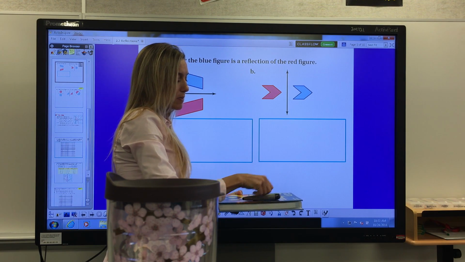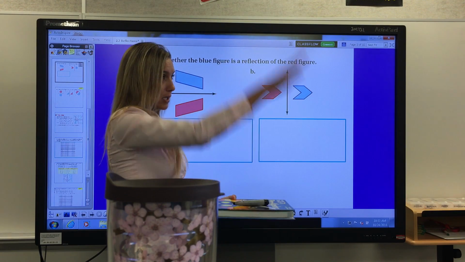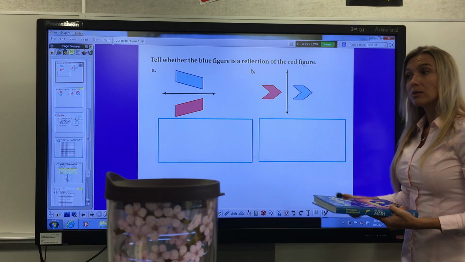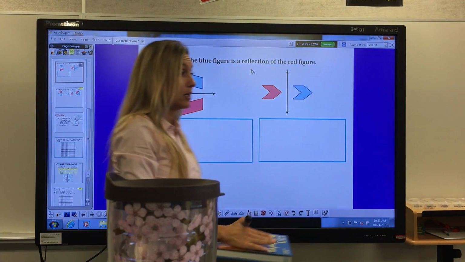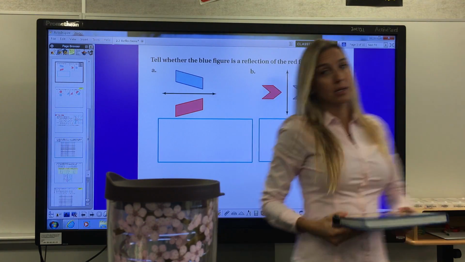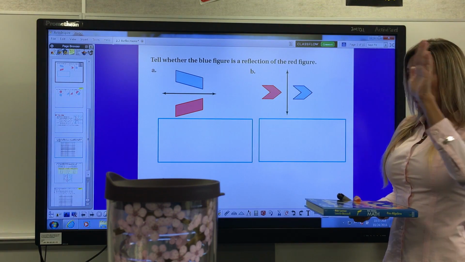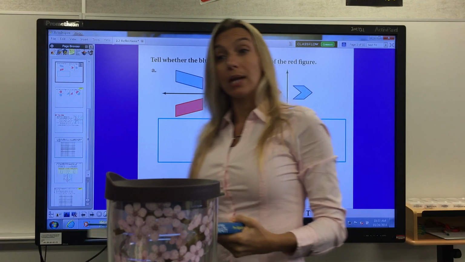If I was to raise my hand up, I will see the hand up. However, if that was a person standing in here, is no longer raising right hand, you would have to raise left hand in order for it to be a reflection. Keep that in mind.